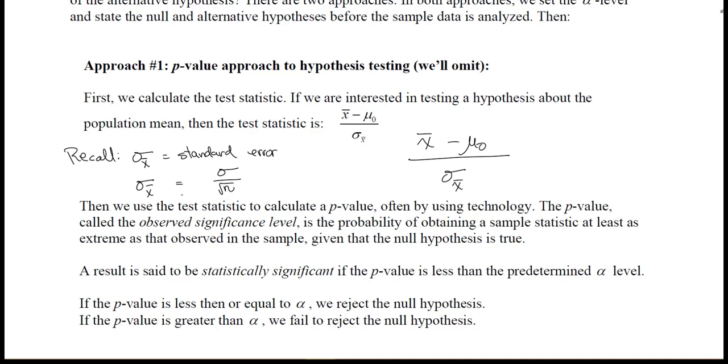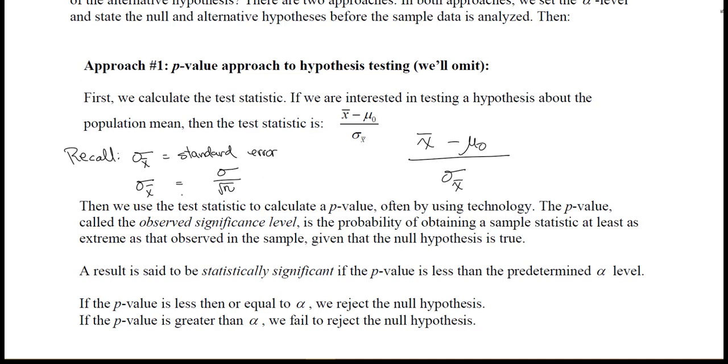Then we're going to use the test statistic to calculate what we call a p-value, and usually this is done by some kind of technology, a calculator, or much more often a computer. That p-value, p stands for probability, which we call the observed significance level, is the probability of obtaining a sample statistic at least as extreme as the one that we have in our sample, if the null hypothesis is true.